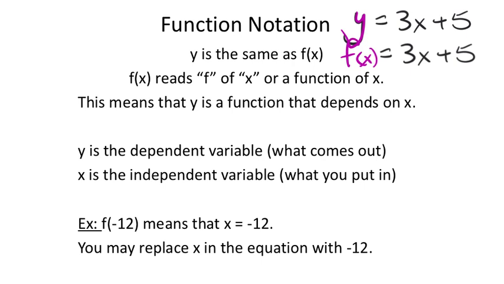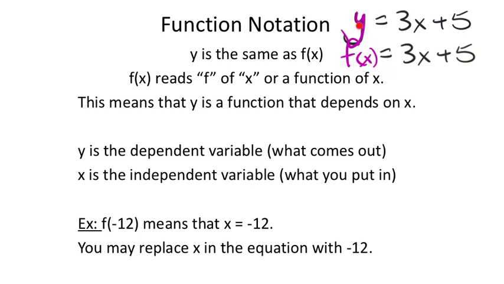Now, the reason why math people like this so much is it tells us which one's dependent and independent in terms of the variables, which hopefully you remember from either 7th or 8th grade science class, which I don't remember which one it is, but they usually cover independent and dependent variables. But the f of x here is telling us that the function depends on the x.